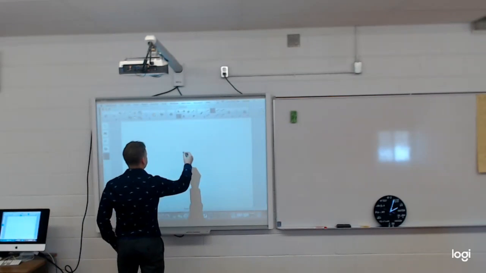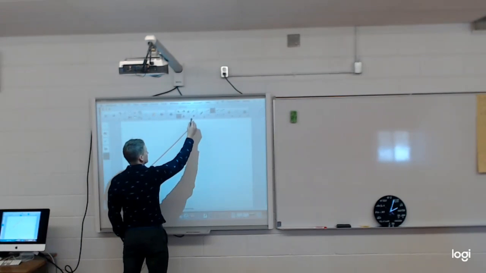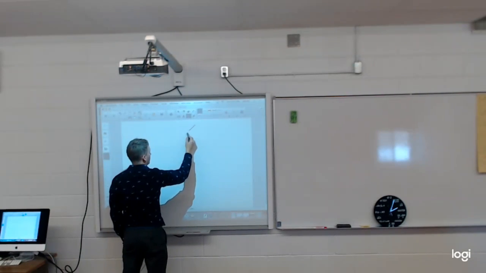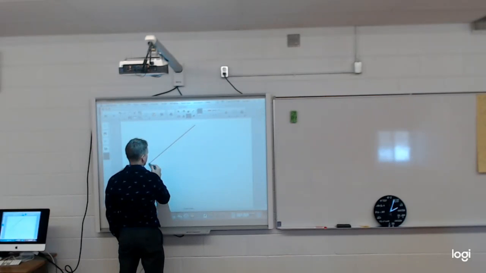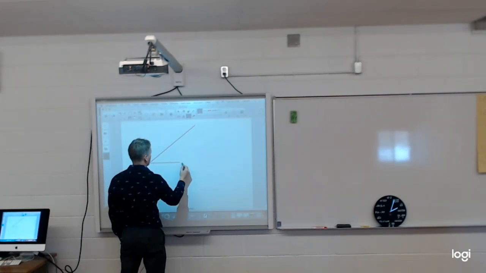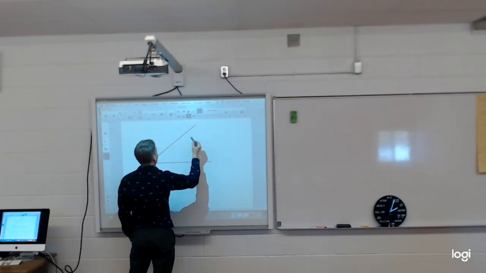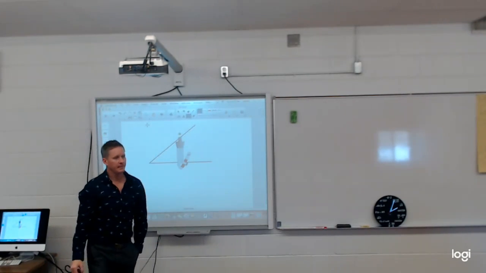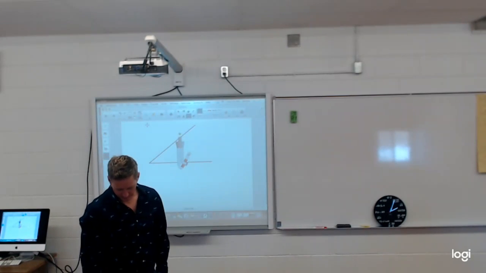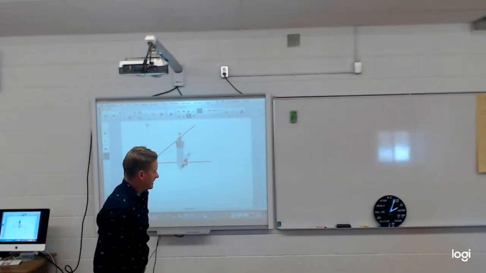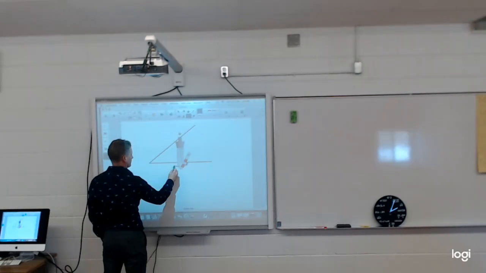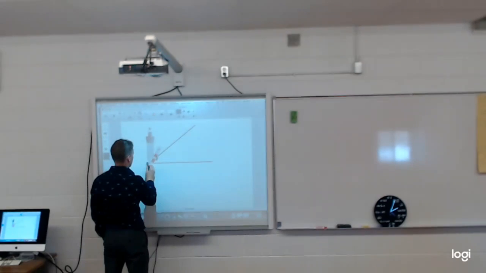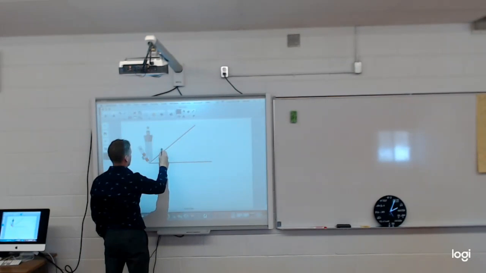Okay? So I have this. I'm going to do this. Let's do this pretty. I want to bisect that angle. So I'm going to attempt to do this with this. It says draw an arc on STF. So I take this, set it right there.